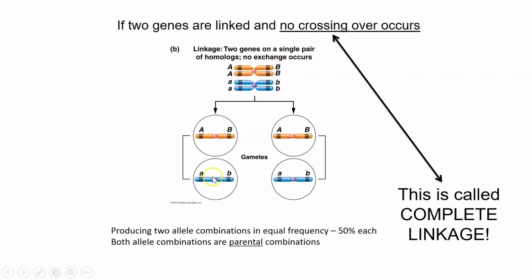Both recessive here, that was a situation seen on the other chromosome. Let's say that came from the father. So for two genes that are linked, in which no crossing over occurs between those genes, there will be two different phenotypes seen, and they will be in equal frequency, 50% each. So in this situation, linked genes where no crossing over occurs, this is called complete linkage. Two genes are completely linked together and cannot be separated by crossing over.